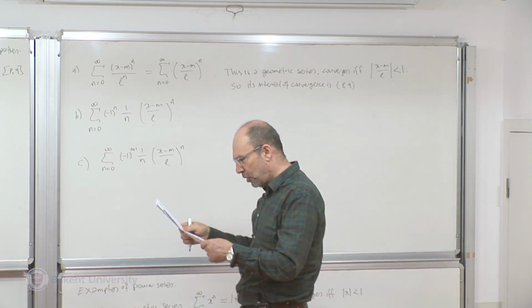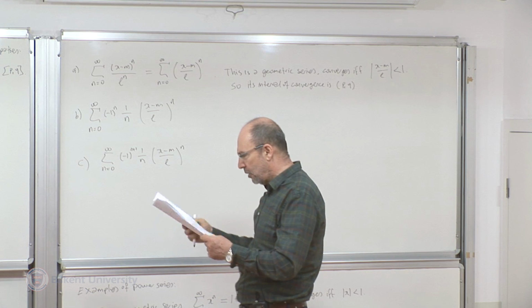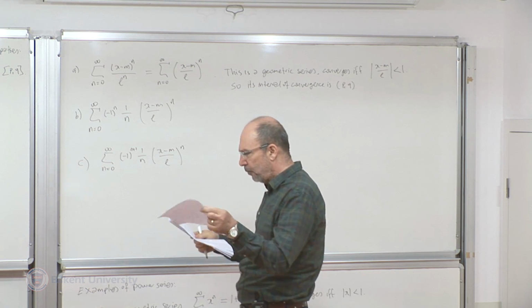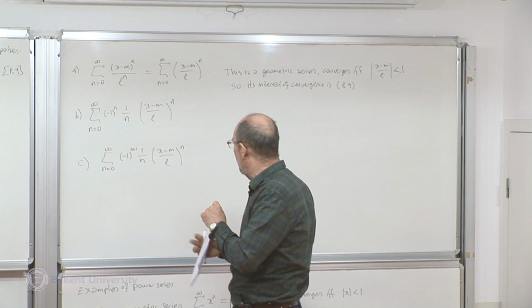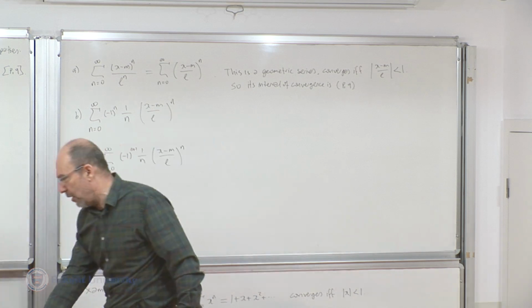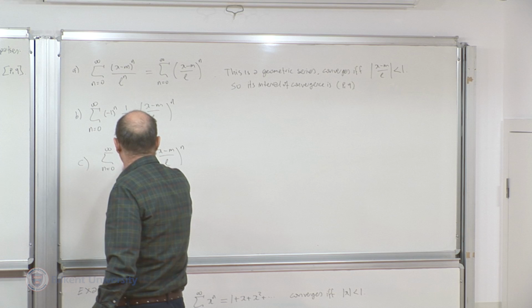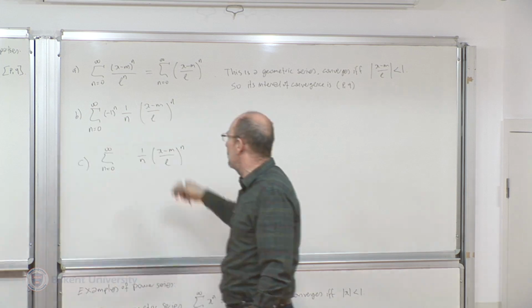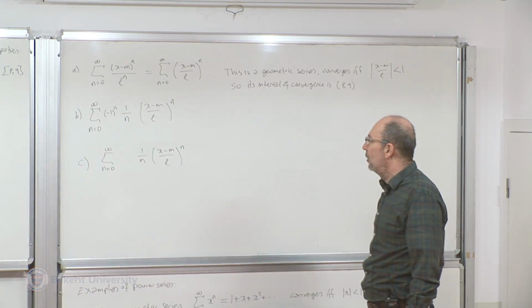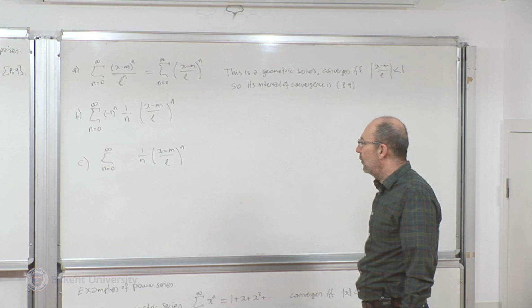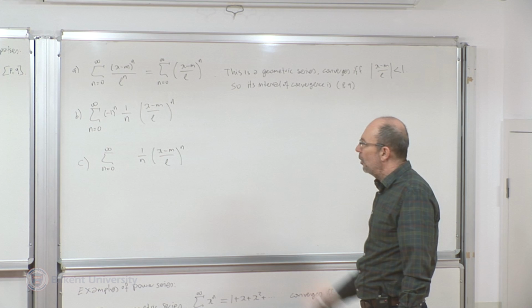Let me check if this is as easy as I think. Here I don't want this sign. The sign of this is enough. I think when I put m plus 1 there, this is okay.